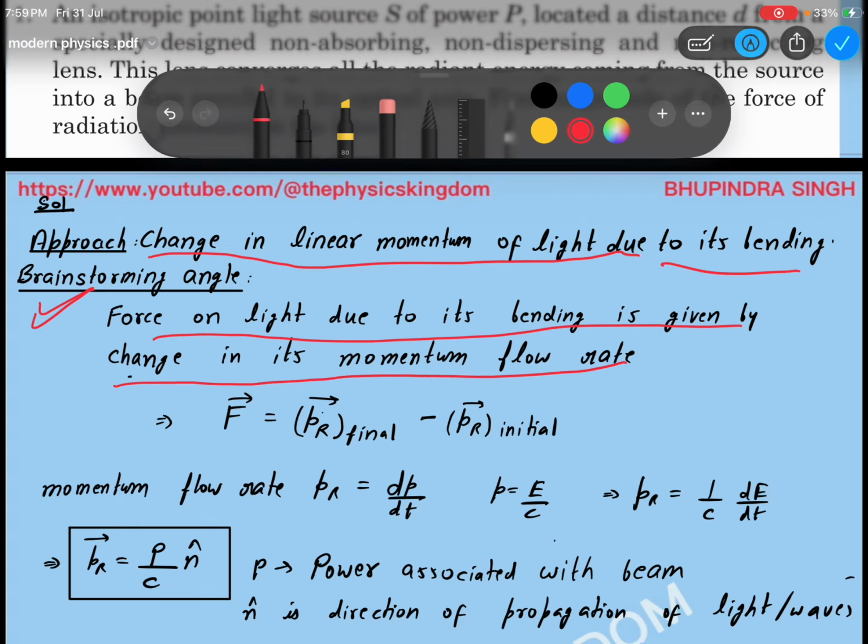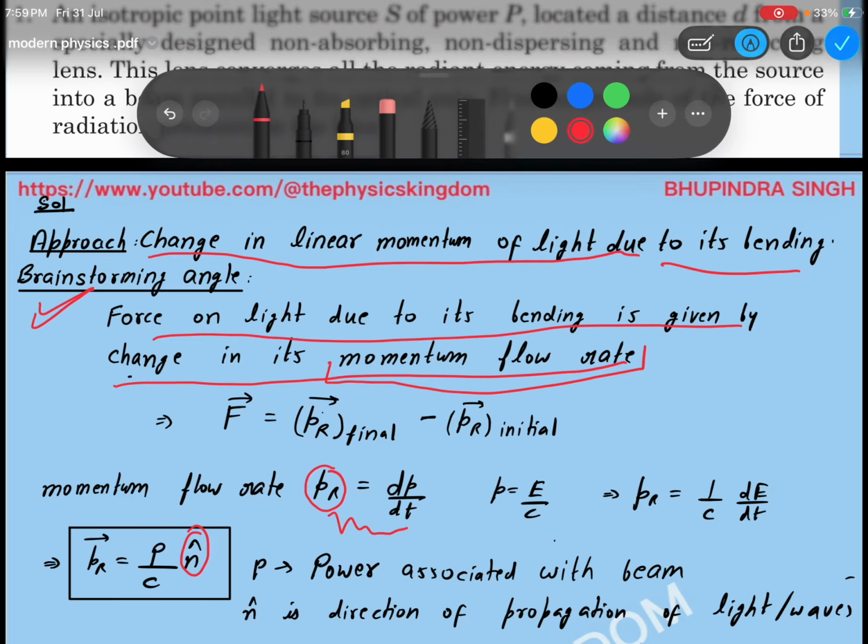This term may be new for you, but it's very important. Radiations carry linear momentum. The derivative of that is momentum flow rate, and the direction of momentum flow rate is always along the direction of propagation.